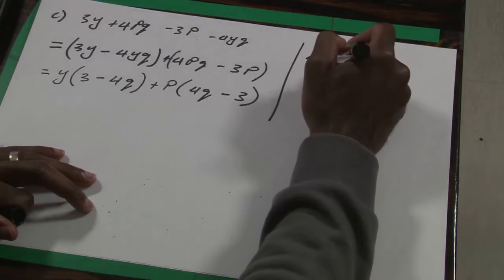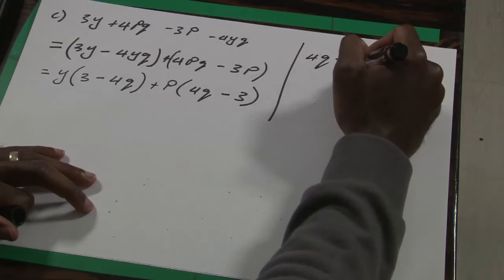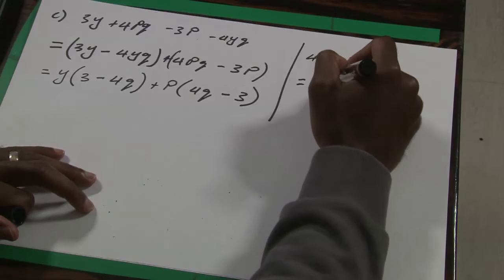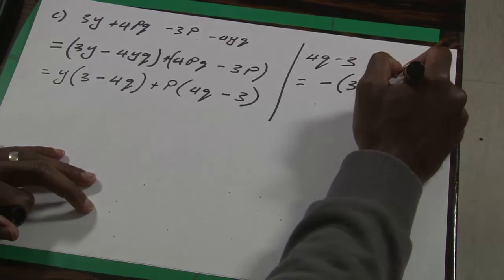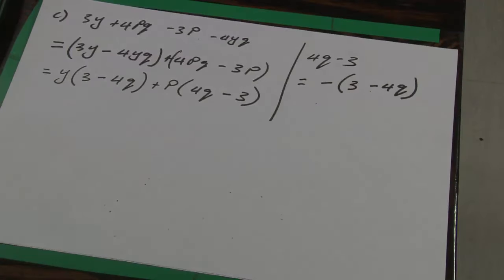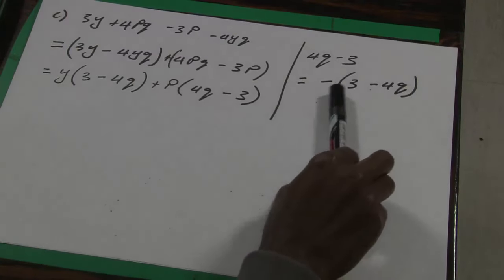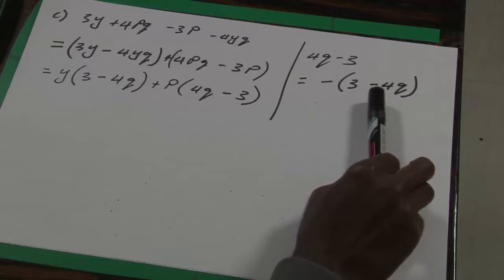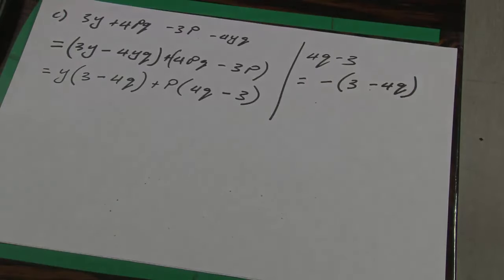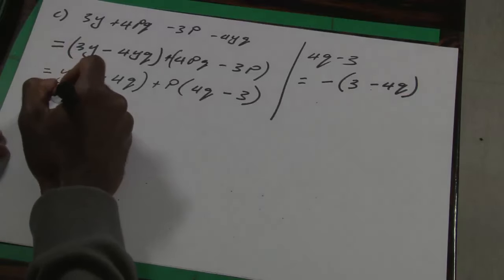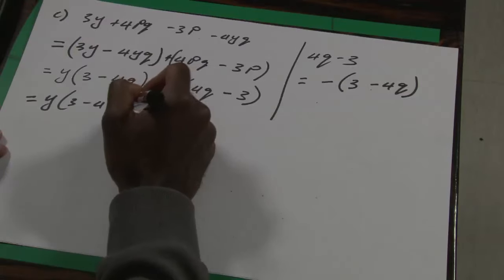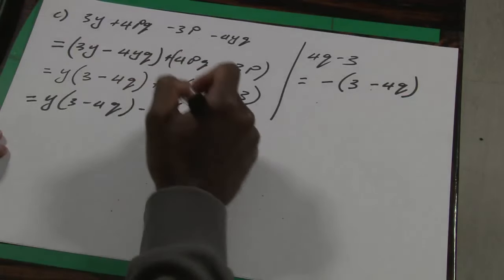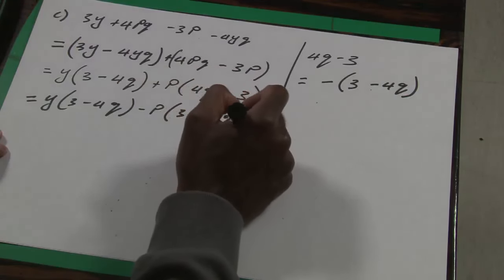If we have 4q minus 3, this can be written as minus 3 minus 4q. Remember, if you multiply throughout with this negative 1, you get negative 3 plus 4q, which is exactly the same as that if you just interchange the two. And therefore, we can then write this as 3 minus 4q, and then we have minus p, 3 minus 4q.